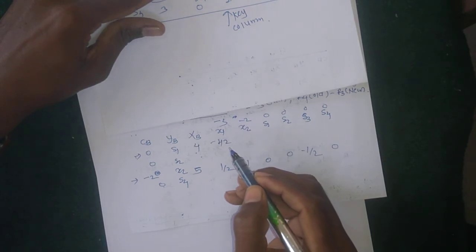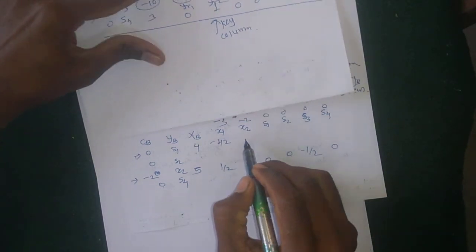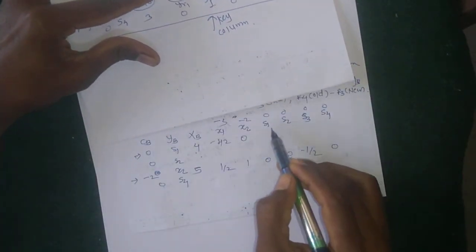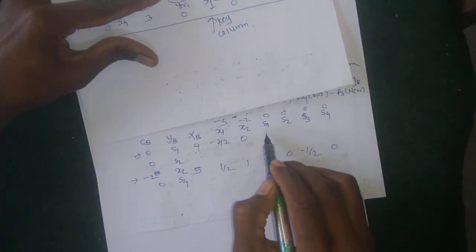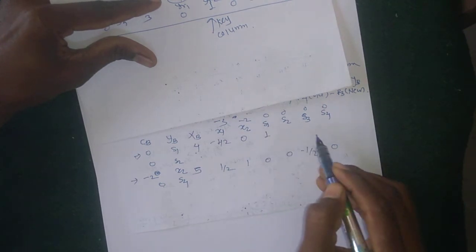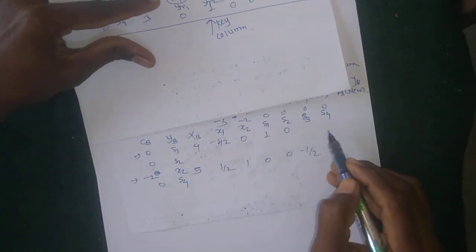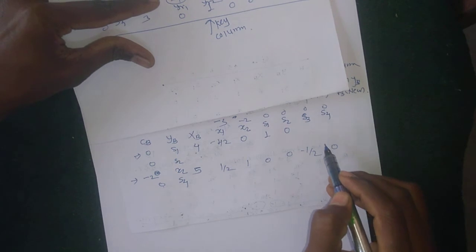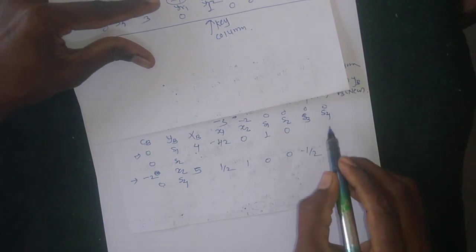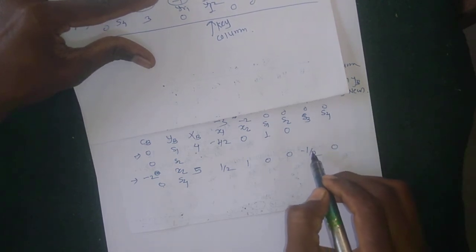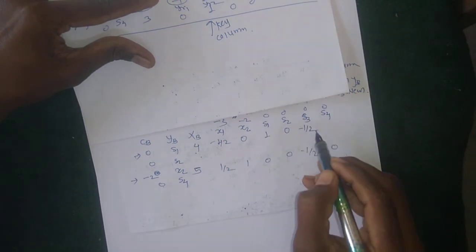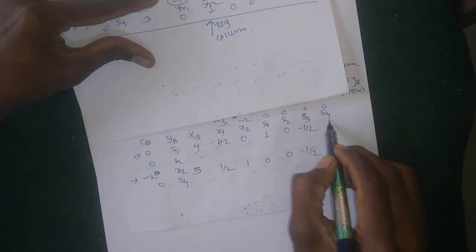Then x2 column, here minus 1 plus 1 is 0. Then s1 column 1 minus 0 is 1 as it is. In s2 column 0 minus 0 is 0. s3 column 0 plus minus 1 by 2 is minus 1 by 2, and lastly 0.